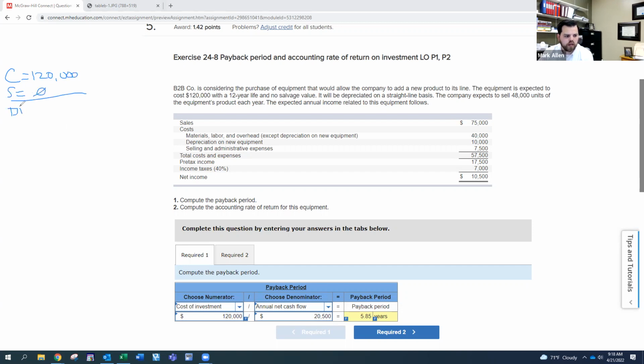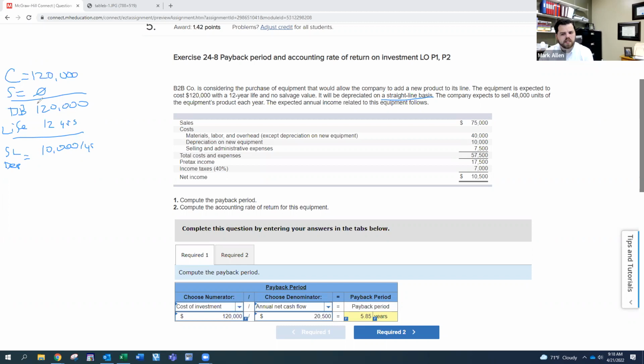So depreciable base is 120. Life, 12 years. It's depreciated straight line, so I can just divide that by 12. I'll get $10,000 per year. And this is my straight line depreciation.